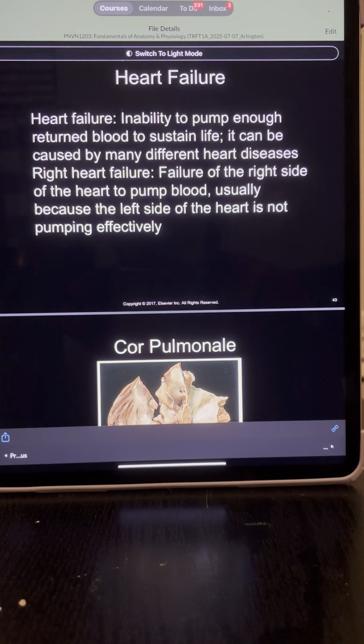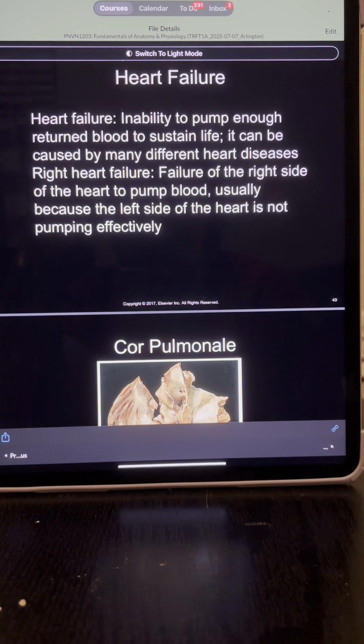So if I don't have enough volume, my blood pressure is going to drop. My heart rate is going to speed up because I don't have enough blood. If I don't have enough blood, I don't have enough blood circulating to oxygenate all my tissues. And my heart speeds up because it's trying to get the blood that it does have out to the body quicker.